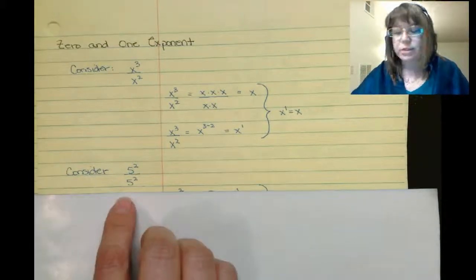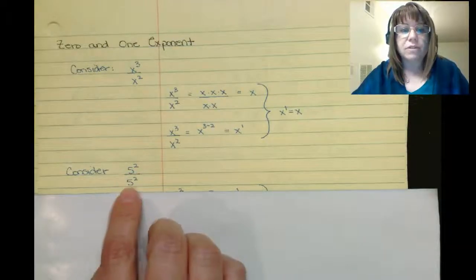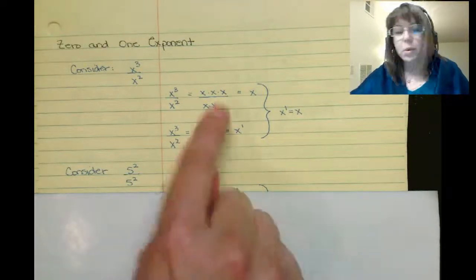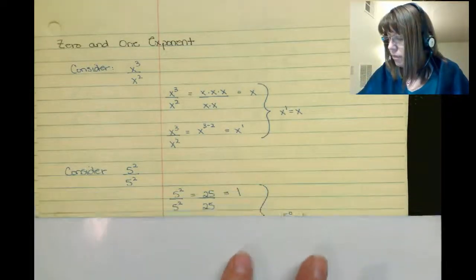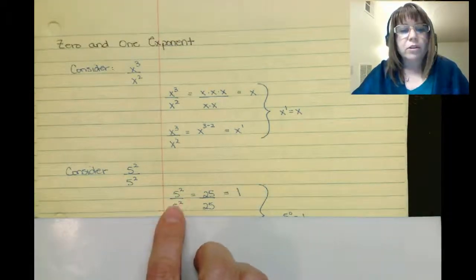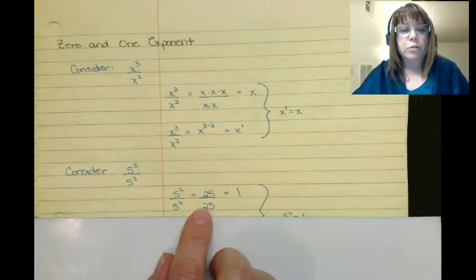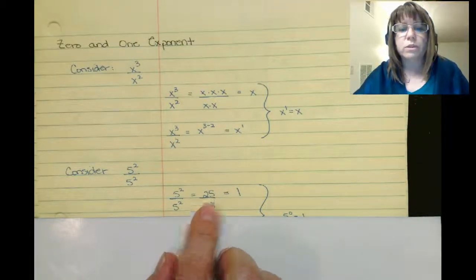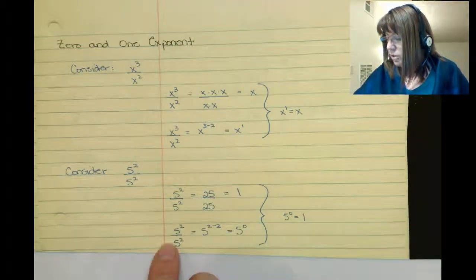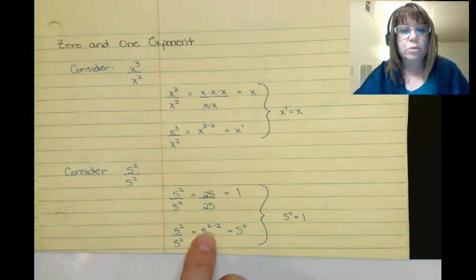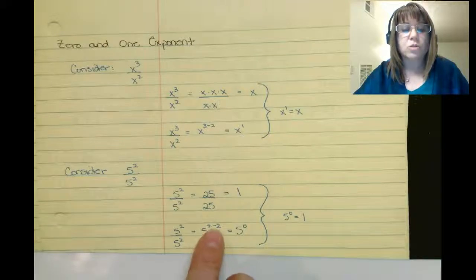Now let's consider 5 squared over 5 squared. And we'll do it both ways, the long way and our new short way. 5 squared over 5 squared is just 25 over 25, which is 1. 5 squared over 5 squared will be 5 to the 2 minus 2, and 2 minus 2 is 0.